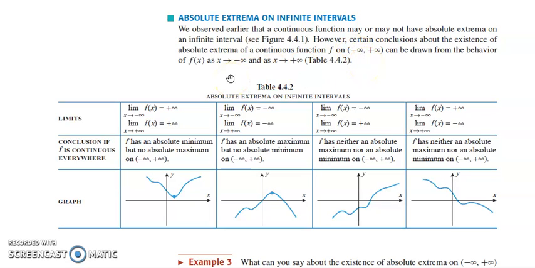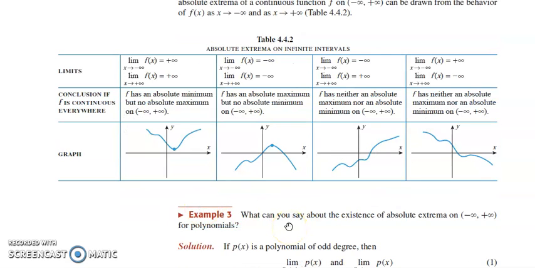So there are 4 cases. In 2 cases there is neither an absolute maximum nor an absolute minimum, and in 2 cases there is either a minimum or a maximum. So now let us see an example on finding the absolute extrema.